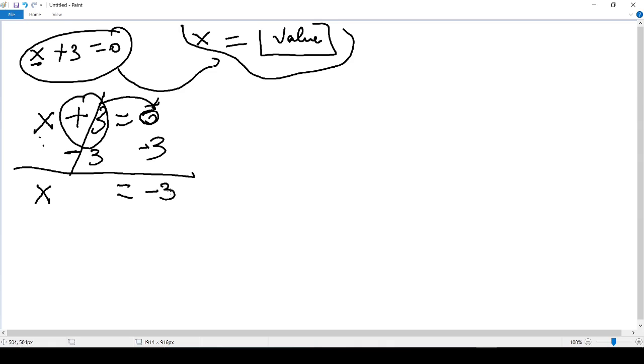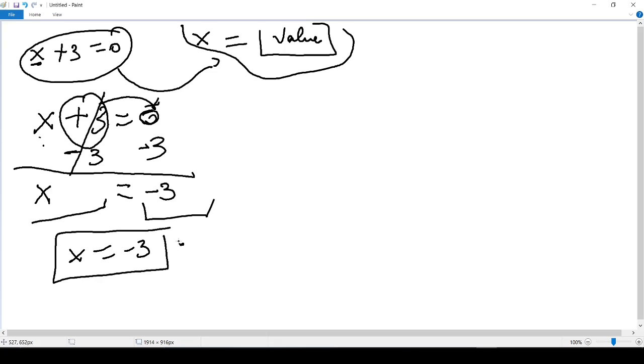We stop there because we don't have any further operation to do. X is by itself on one side of the equal sign, and all other values are on the other side. So x equal to -3 is our final answer.